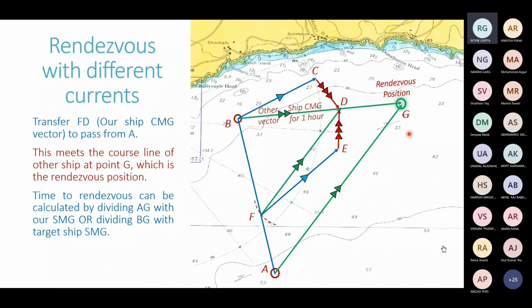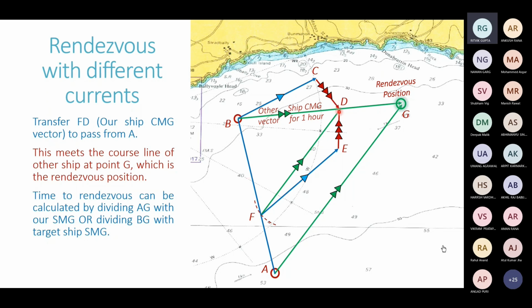Now to find out the time to rendezvous, we can calculate it by measuring this distance Alpha Golf from the chart, and we divide this distance by our speed made good. Our speed made good is available from this FD vector. You see, we made this vector triangle for 1 hour.